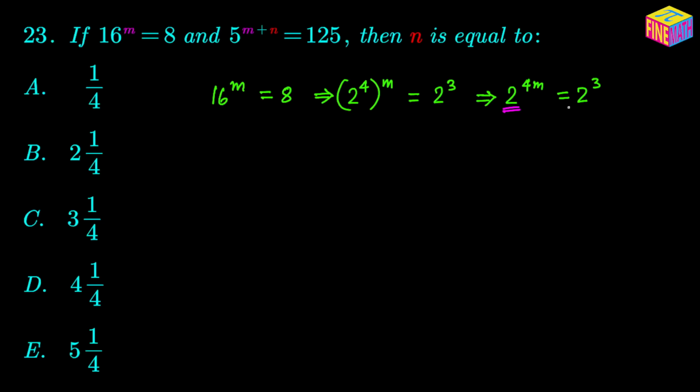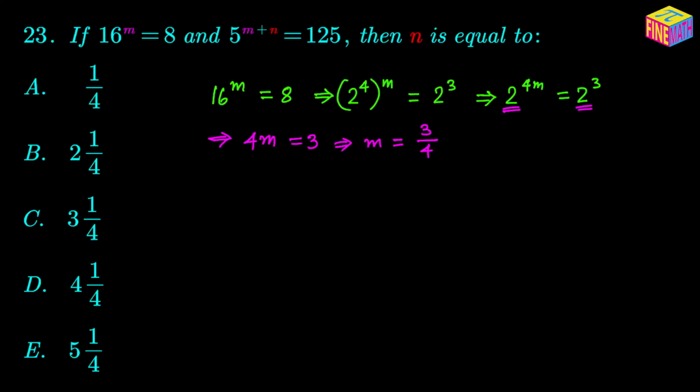The base is 2 on both sides of the equal sign. Because we have the same non-zero base, the exponents should be equal. So 4 times m is equal to 3, and from here we get m is equal to 3 over 4. So the value of m is 3/4.